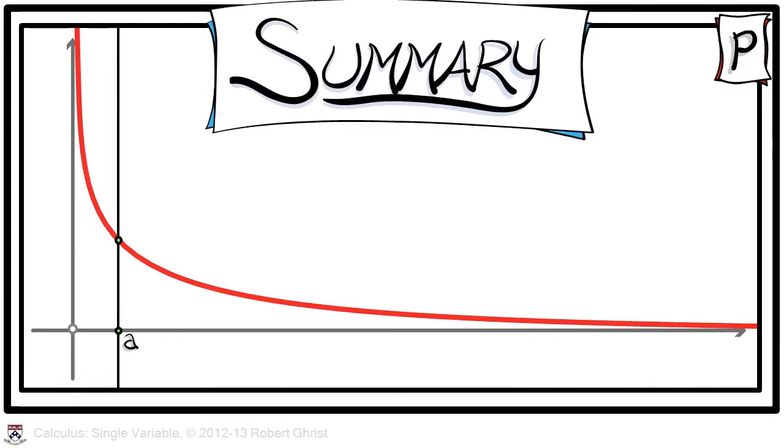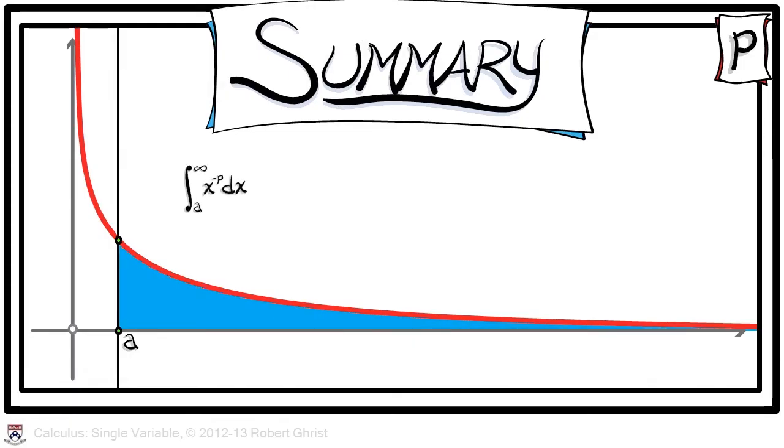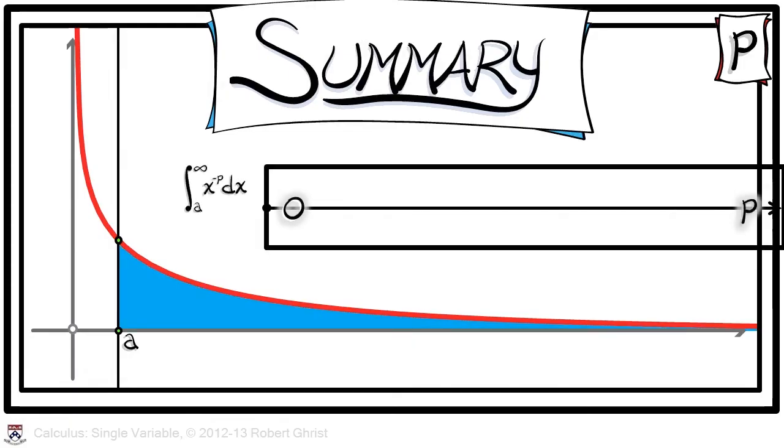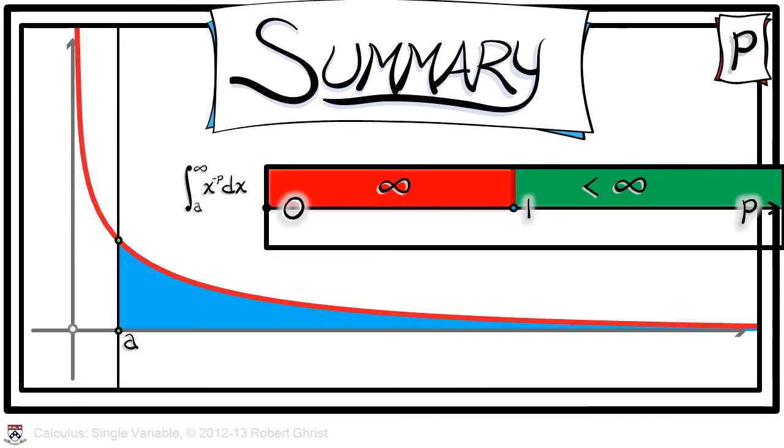If we integrate along a tail going to infinity, then the p integral converges when p is strictly bigger than 1. It diverges when p is less than or equal to 1.